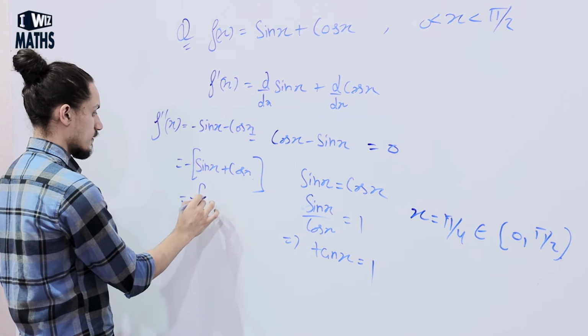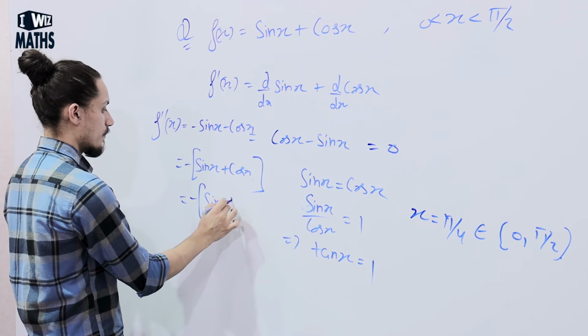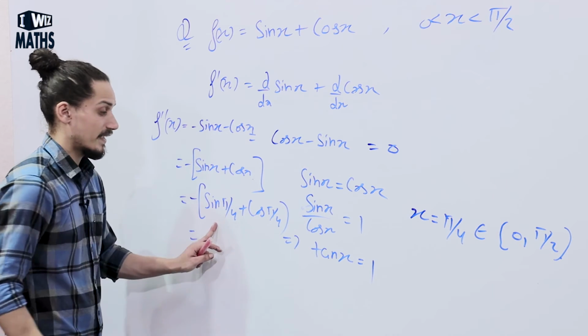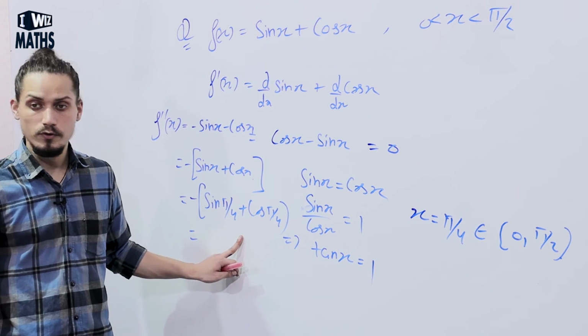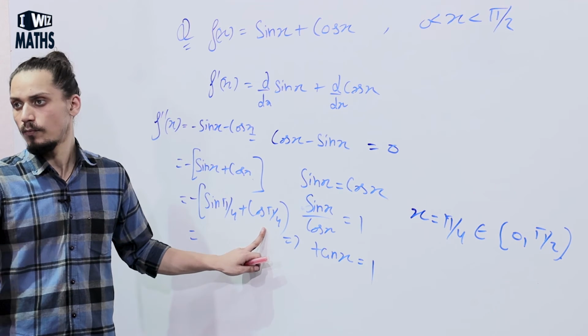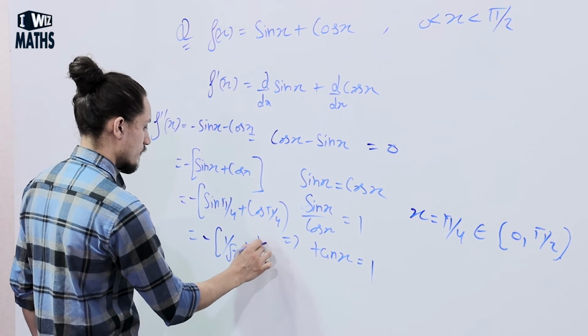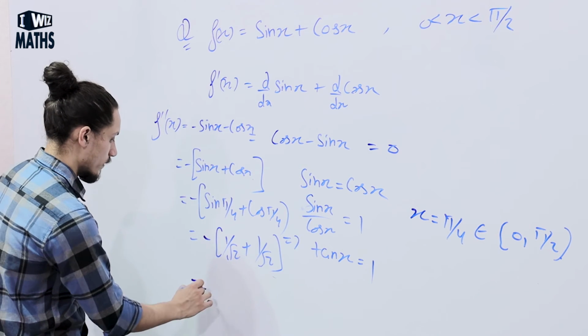So minus of sin pi by 4 plus cos pi by 4 is equal to, now sin at 45 degrees is equal to 1 upon under root 2, cos at 45 degrees is equal to 1 upon under root 2. So we have negative of 1 by under root 2 plus 1 by root 2.